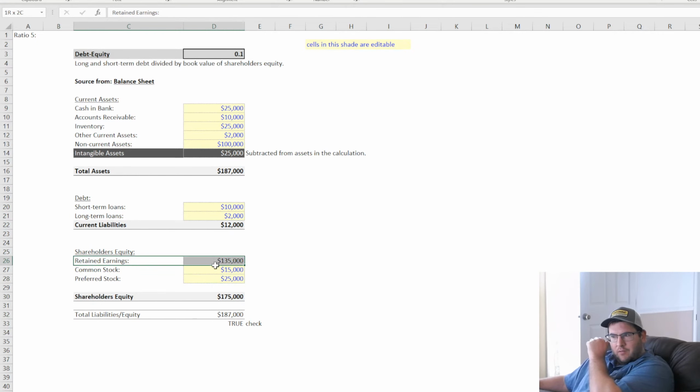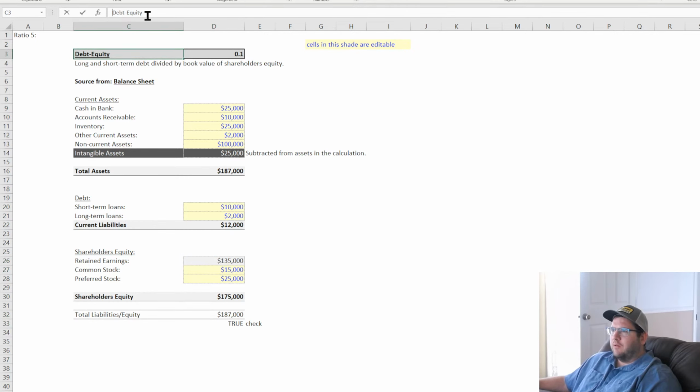But retained earnings and common stock are things that the company could use to pay off the debt. Let me just reread this real quick. Debt is calculated by adding outstanding long-term and short-term debt divided by the book value of shareholders' equity. So it's $3 million worth of loans and shareholders' equity of $13 million. Net amount remaining after that.